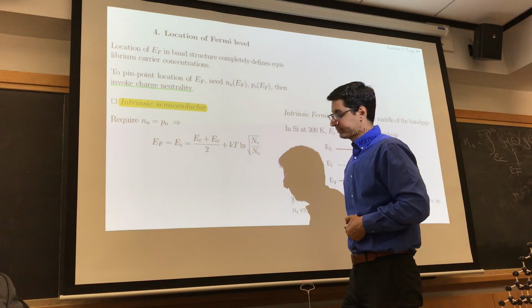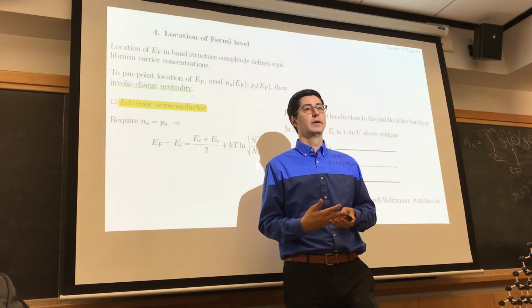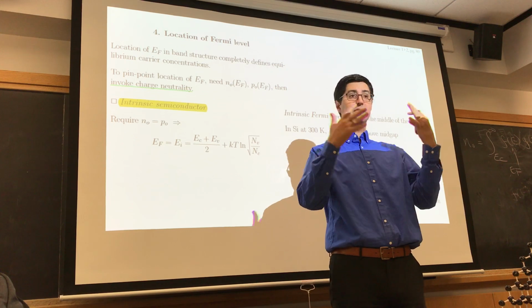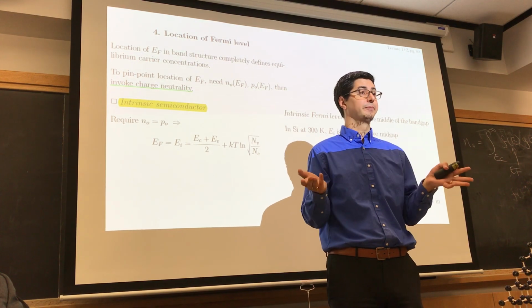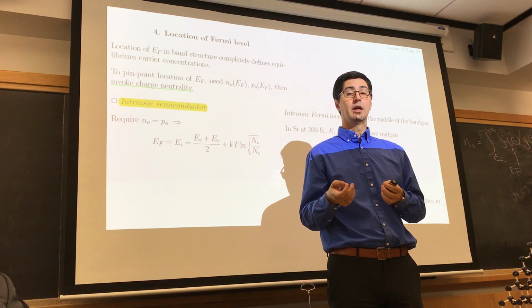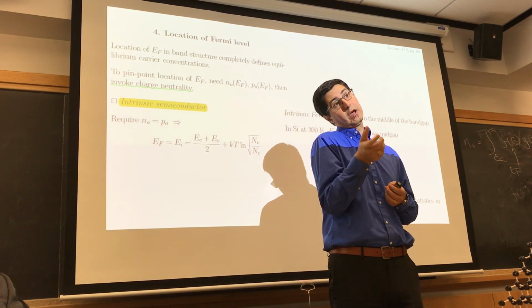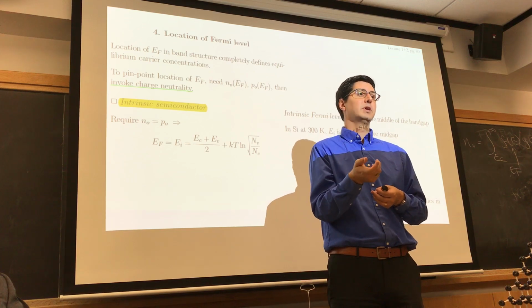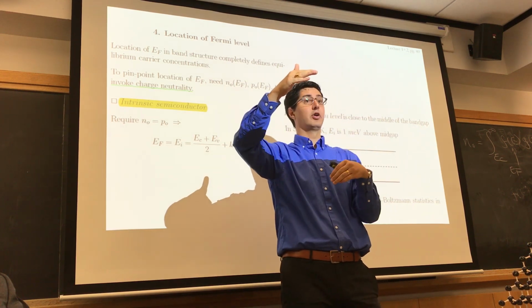So, here's another question. If I have an undoped semiconductor, an intrinsic semiconductor, where is the Fermi level position? What is your estimate? In the middle. Well, yes, but there's a small correction to it because the number of states in the conduction band and the number of states in the valence band are not always equal.